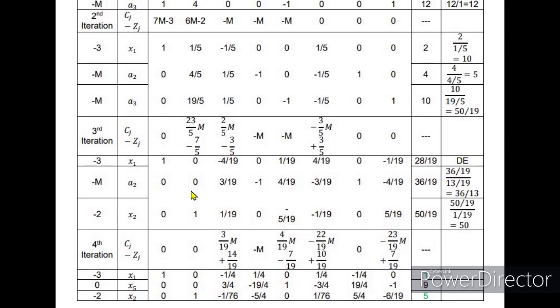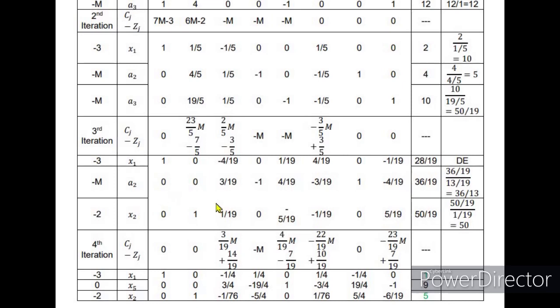Okay, so dividing all of the elements here, we will get these elements, the new row for x sub 2. Now we will think of a way to make an identity matrix between the basic variables that are here. So what are the basic variables? x sub 1, a sub 2, x sub 2.